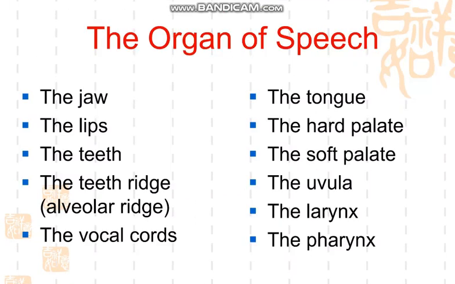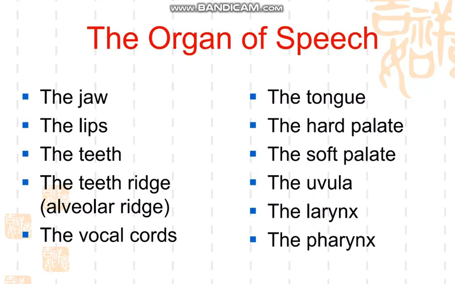Now, describing phonetics and the organs of speech, we will learn what the organs of speech are. It depends upon different parts of the mouth as well as the vocal region.